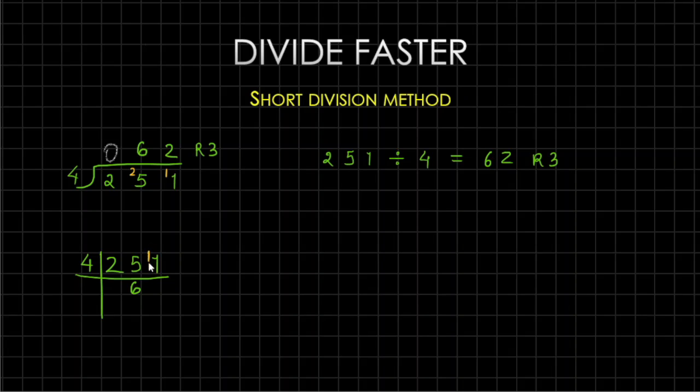So I have a 1 left from this 25. Now I have 11. 4 times 2 is 8. So 11 minus 8 is 3. So there's something remaining. So we have 62 and remainder 3.